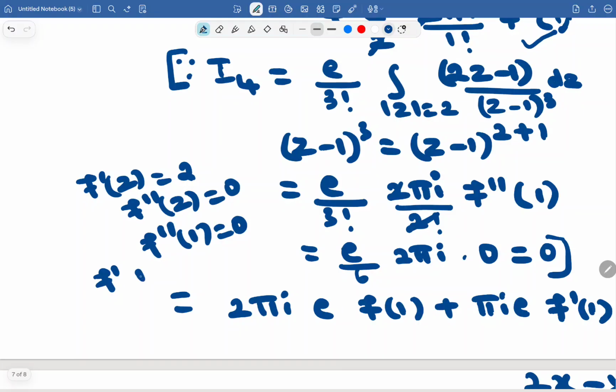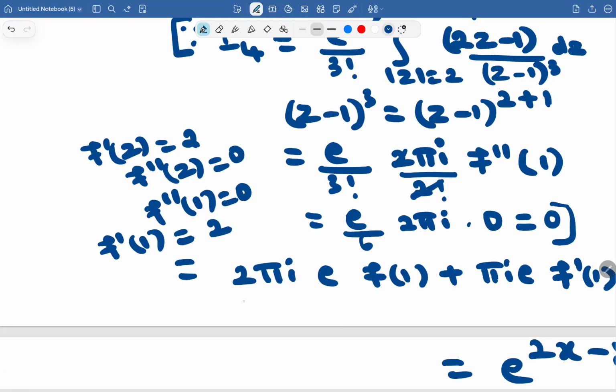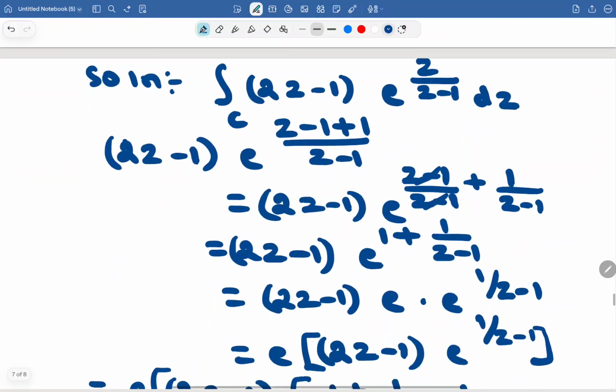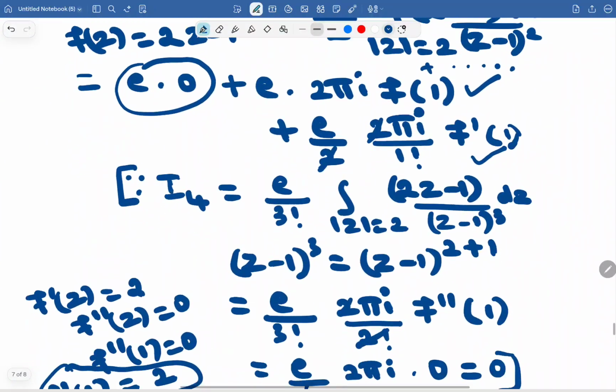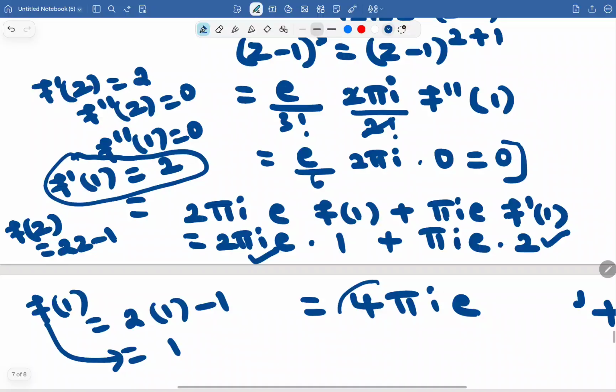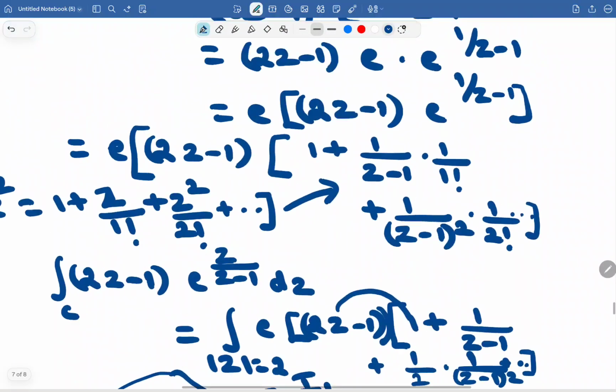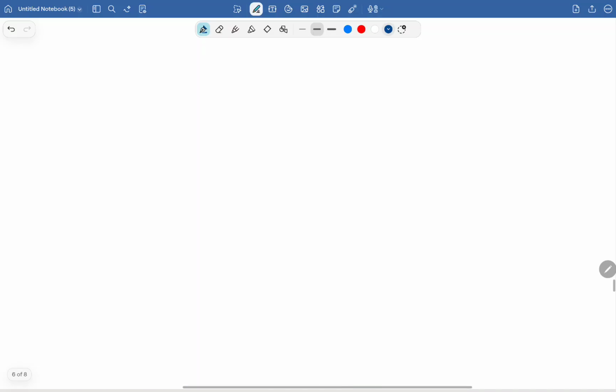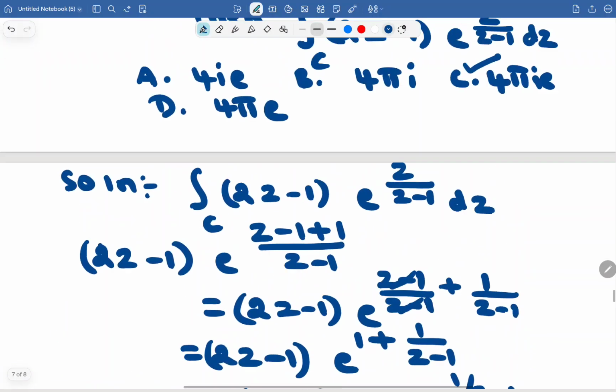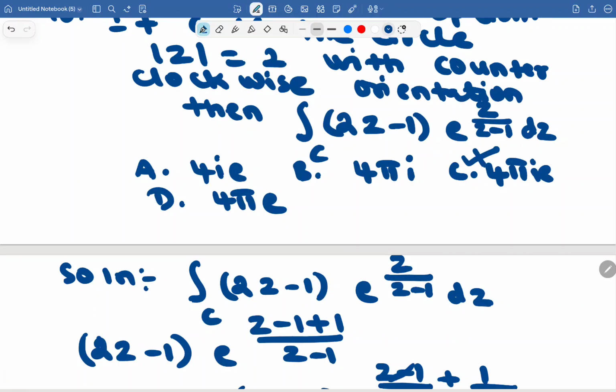What is f dash of 1? That is also 2. It is equivalent to 2 pi i e. What is f of 1? Since f of z is 2z minus 1. For this problem, option C is the correct one. I am getting the answer 4 pi i e. Option C is the correct option.